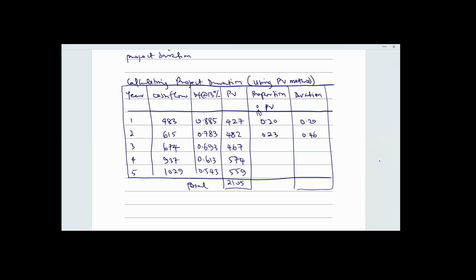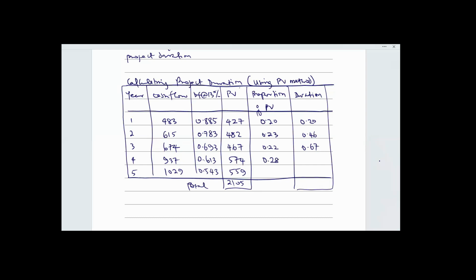467 divided by 2105. 0.221. What you have in your calculator multiplied by 3. 0.665. 0.67. 574 divided by 2105. 0.276. 0.28.